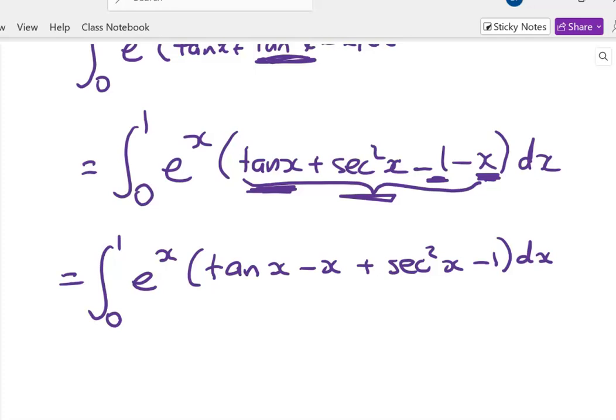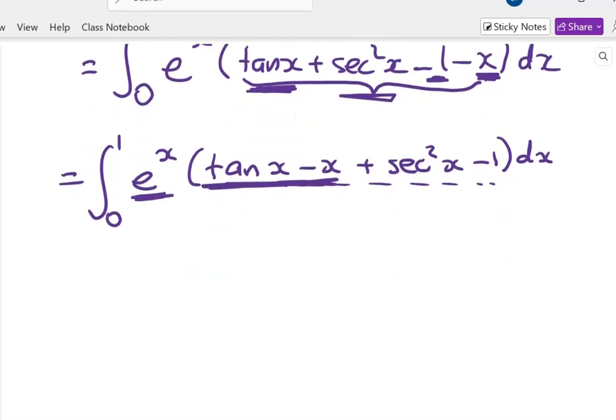Now looking ahead to when we do integration by parts, you know that we're going to probably end up integrating this and differentiating this stuff in here. When we differentiate tan of x minus x, we're going to be getting sec squared of x minus 1. And that's going to be coming through as a subtraction.